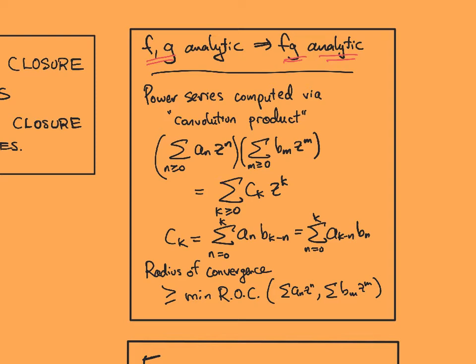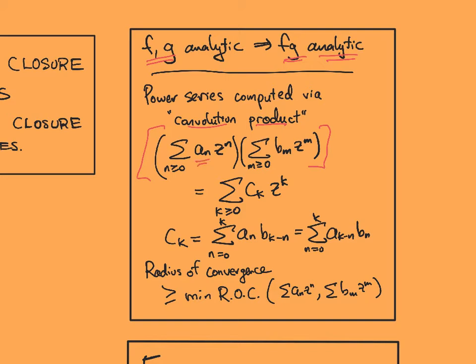So we'll do this all just at 0 for convenience, but you could always move this to a different point and have power series centered at something like z0. But the power series product is computed as if you were going to distribute these infinite sums. So the power series you get is the convolution product.